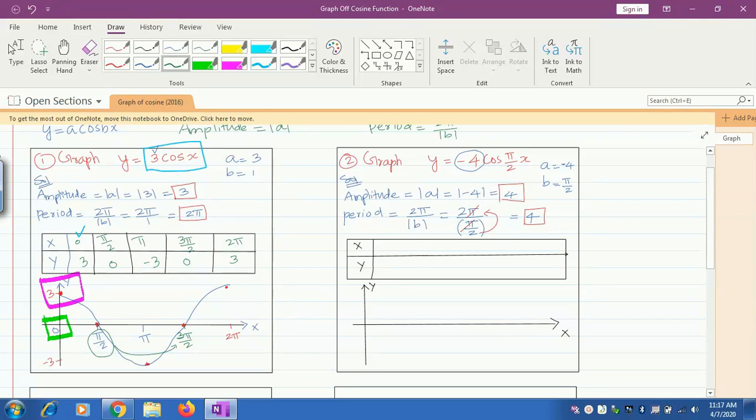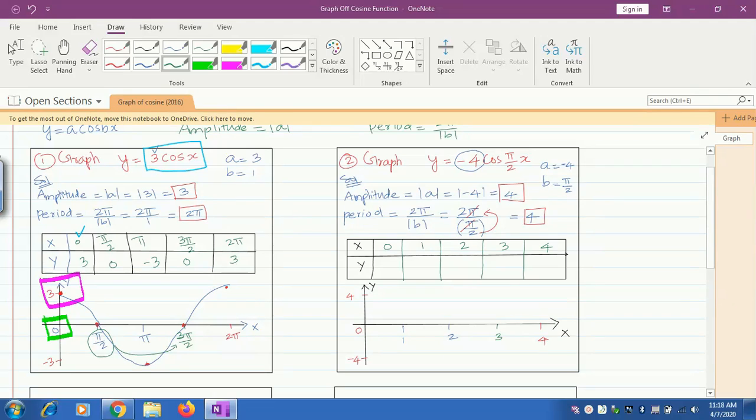Now the same thing here with the amplitude: plus 4 and minus 4, and the full period is 4, and this is my origin. What is half of this? This is 2. What is half of this? It is 1. Multiply by 3, you get 3. For all the problems, just multiply by 3. So I write the values here: 0, 1, 2, 3 and 4.